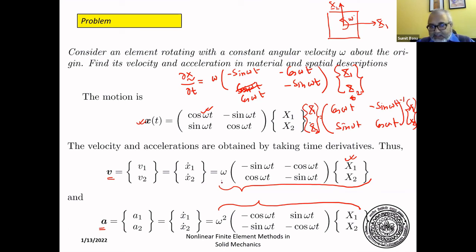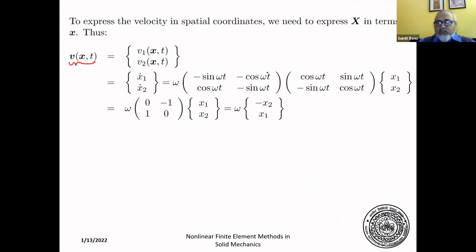So I will take this quantity and multiply it with the transpose of this times small x1, small x2. I've taken that velocity, multiplied it with the transpose of that matrix times small x1, small x2. And if you do the multiplication, this is what you will get.